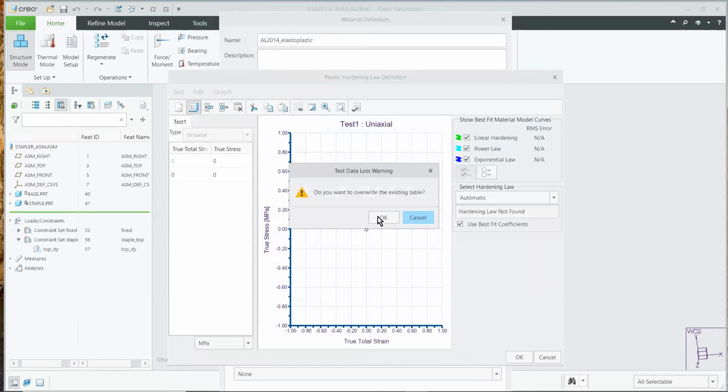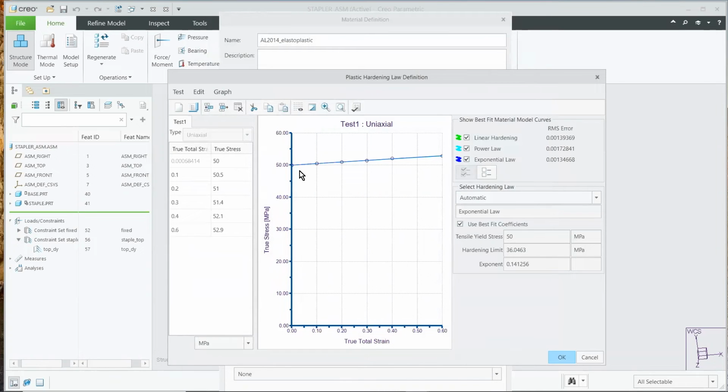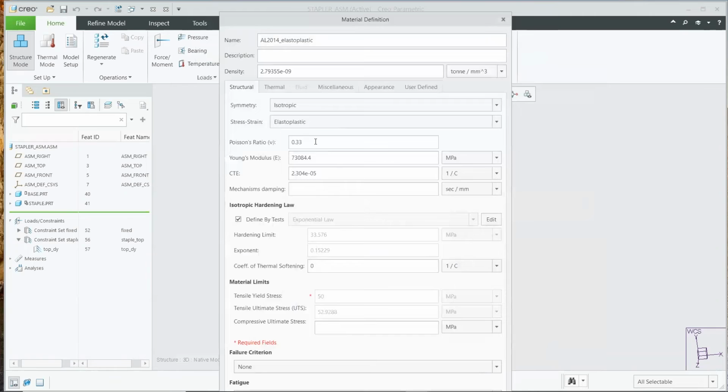Here's our text file. We want to use that. So here's a representation in the plastic world of how this behaves, right? And you can see it's pretty linear in this particular case. So we're going to use that. So now my material for the elastoplastic is using test results of a previously run analysis on that type of material, so we can use it to drive our part here.